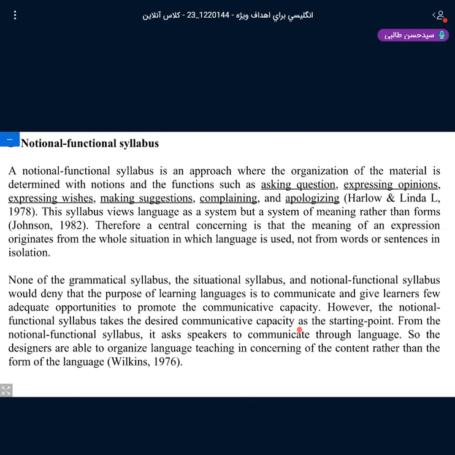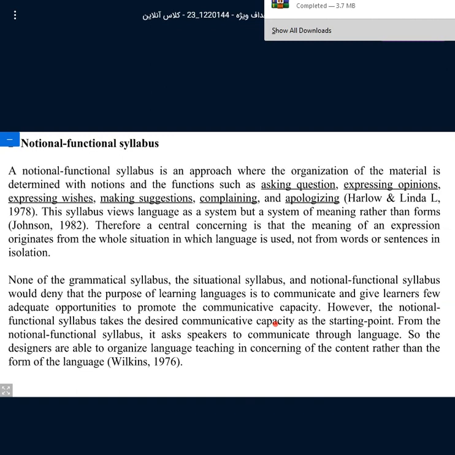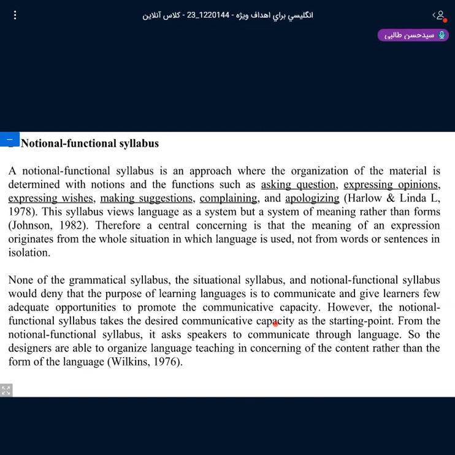So in this type of syllabus, what is very important is the communicative capacity. They say language is used for communication, so we must prepare our learners to have good communication. And just focusing on form doesn't mean communication happens. We need to go beyond form and show how language is used for different functions in different situations.